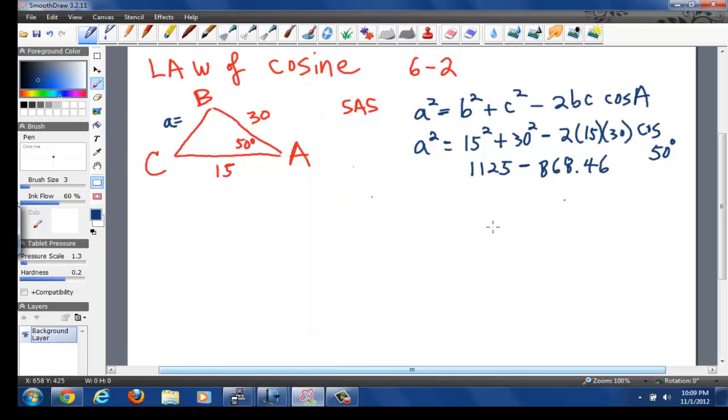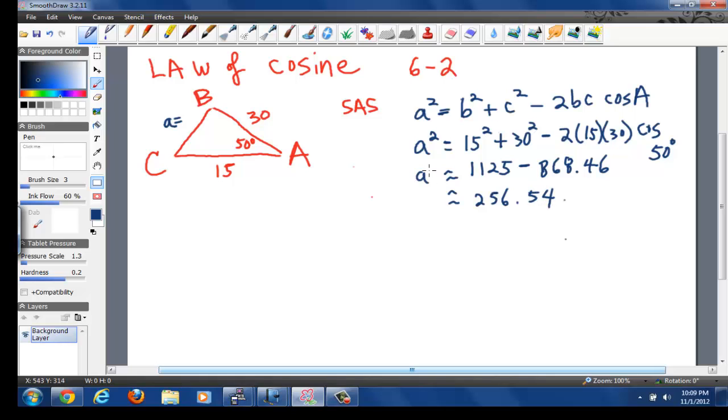And when we finally find the answer, if you do it on your calculator, we're going to get approximately 256.54.